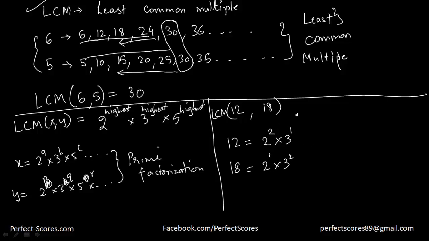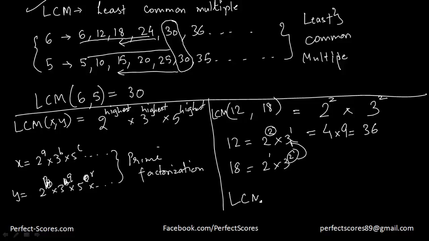Now I have two prime numbers here, 2 and 3, and I'm going to write down the highest powers. The highest power of 2 is 2 and the highest power of 3 is also 2. Why am I writing the highest power? Because 3 to the power 2 already covers 3 to the power 1, so I don't need to write it again. So the LCM of 12 and 18 is equal to 4 times 9, which is 36.